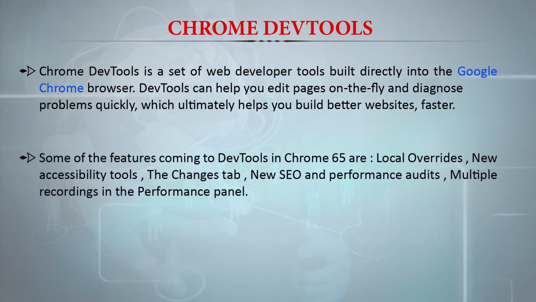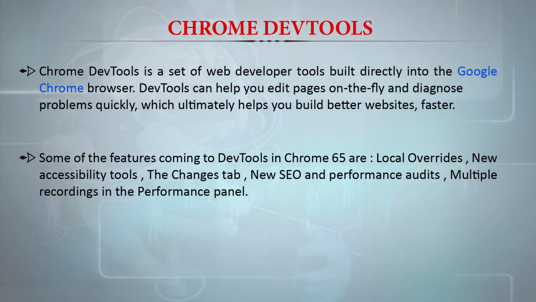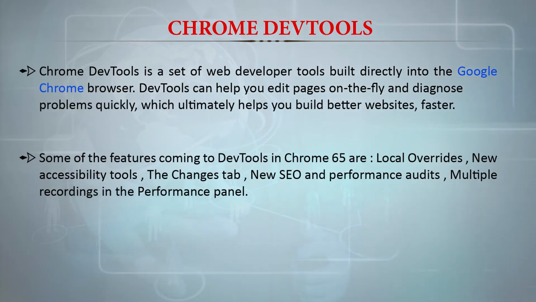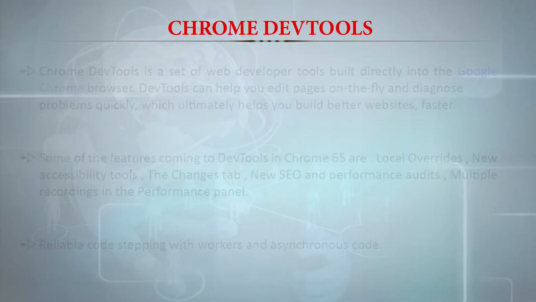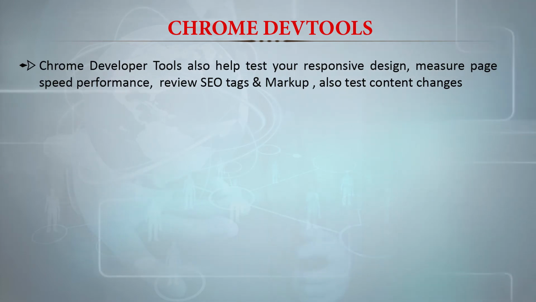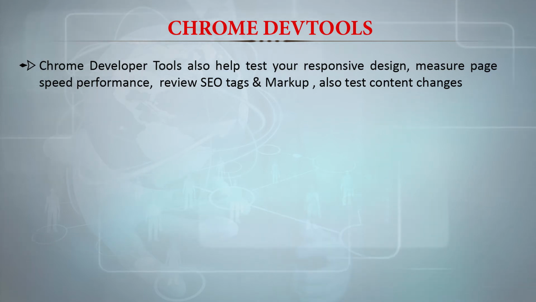Some of the features coming to developer tools in Chrome 65 are local overrides, new accessibility tools, the changes tab, new search engine optimization and performance audits, multiple recordings in the performance panel, reliable code stepping with workers, and asynchronous code. Chrome Developer Tools also help test your responsive design, measure page speed performance, review search engine optimization tags and markup, and also test content changes.